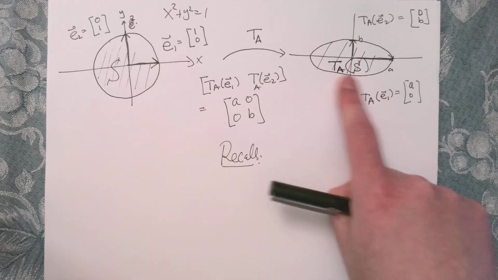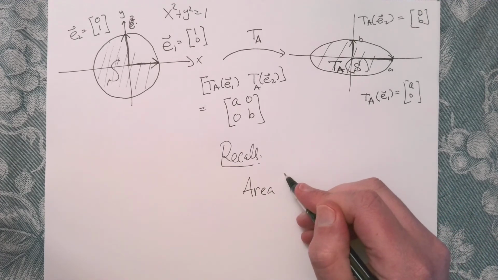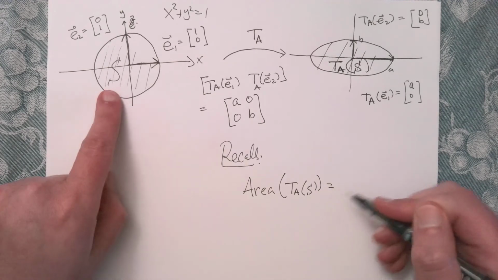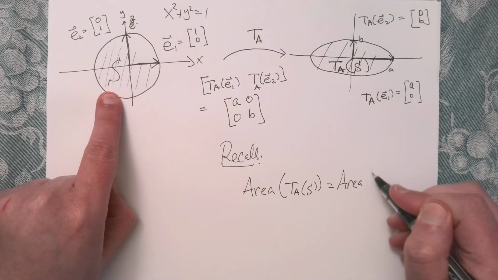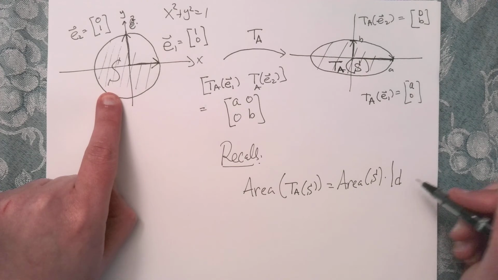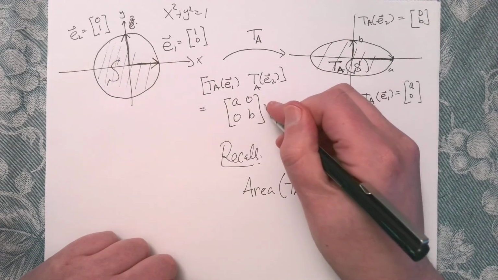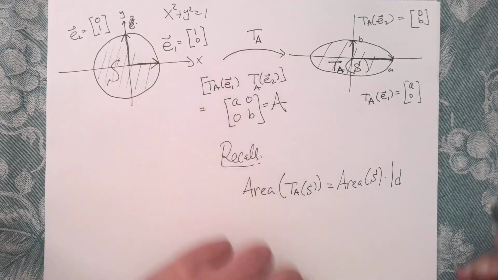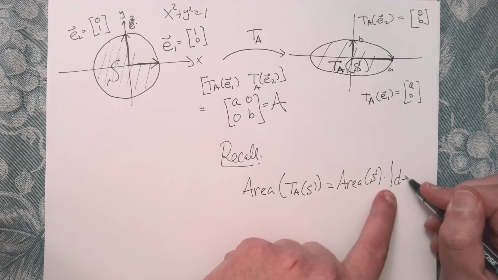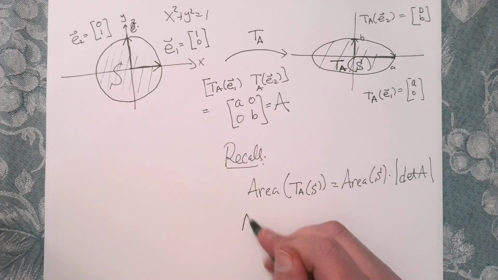The area of the image of S is equal to the area of S times the absolute value of the determinant of, let's give this a name, let's call this A, because that's a matrix transformation and it's referencing A. So this is the absolute value of the determinant of A. Okay, so this will be the area of our ellipse.